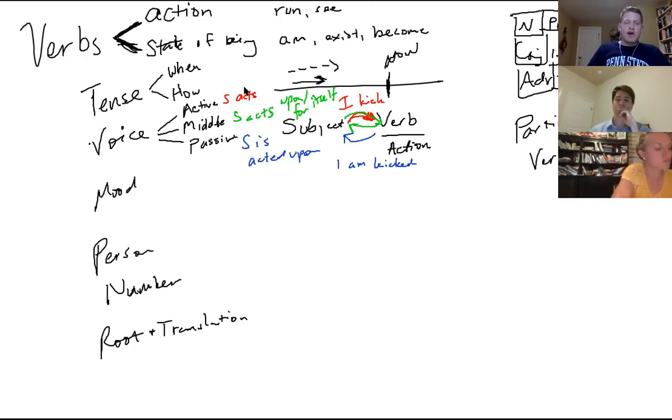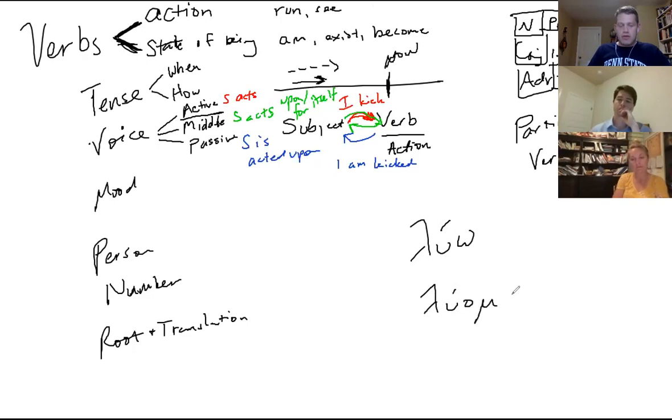Okay. So our tenses have been the present and the imperfect. Our voices, we've seen active endings. So for example, if we saw luo, present active indicative, versus luamen, present middle passive ending. This is what's going to come up tonight.